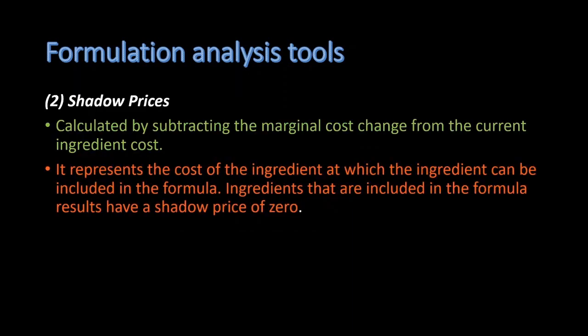Next is the shadow price. Shadow price is calculated by subtracting the marginal cost change from the current ingredient cost. It represents the cost of the ingredient at which the ingredient can be included in the formula. Ingredients that are included in the formula results have a shadow price of 0.